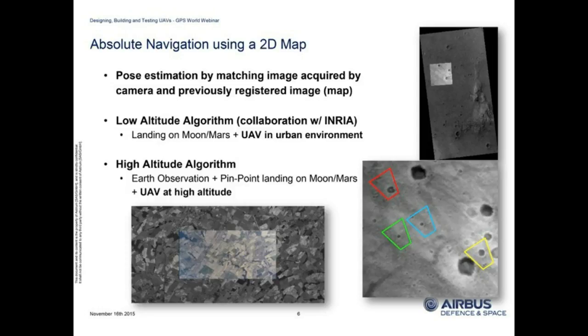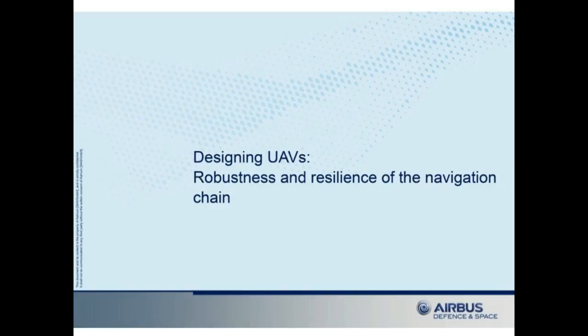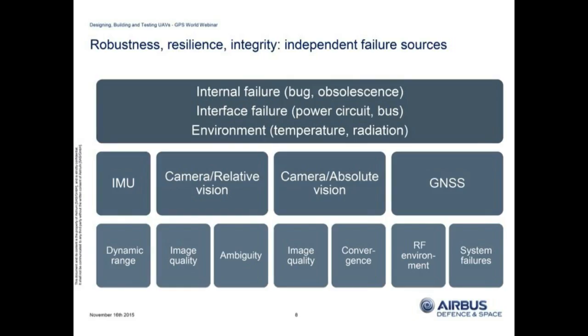So having both those technologies in mind, we came to this reflection about how to design a robust navigation chain for UAVs. When you have GPS, GNSS, you quite often have integrity, robustness, and resilience issues, and we address them through sensor hybridization. What is very nice with an IMU and a camera is that the failure modes are completely different from GNSS.